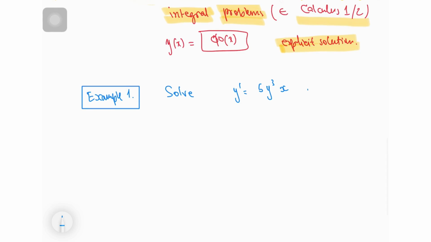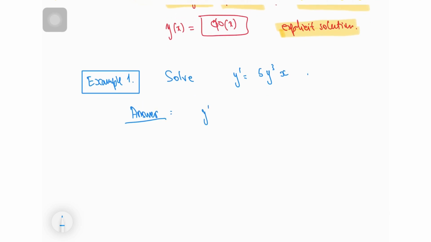Now you can pause the video and try on your own, go a little bit back again from the beginning of the video, see what y prime is, see how to make this a separable equation, and we will present now the solution. Now y prime is actually dy over dx, so we can write dy over dx equals 5y cubed x.